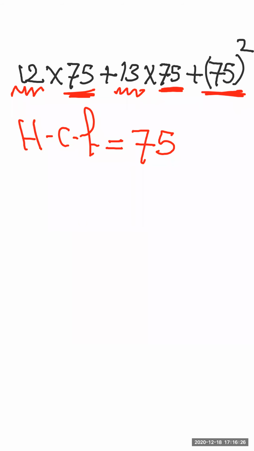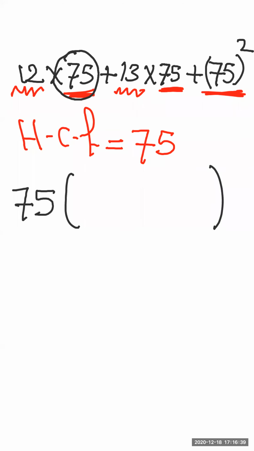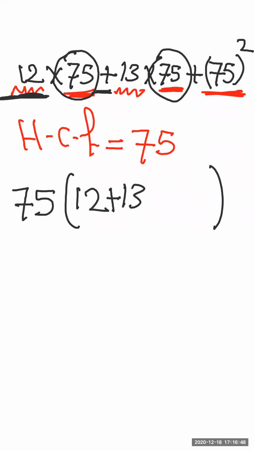So the next step: write down the highest common factor, which is 75, then the two brackets. What will be the remaining of the first term? 75 already exists, so 12, then plus 75 here, so 13, plus 75 squared, which means 75 times 75.